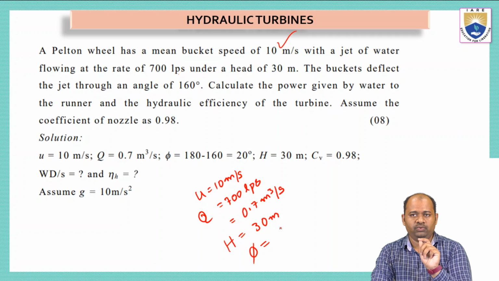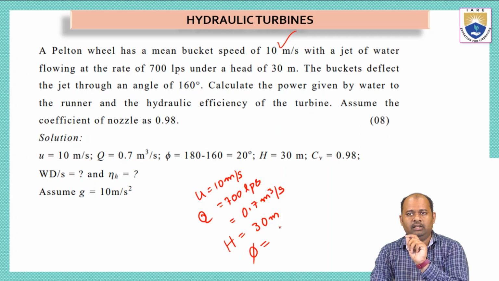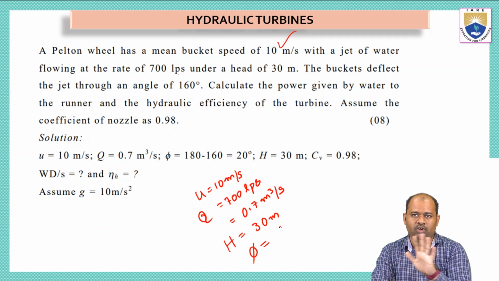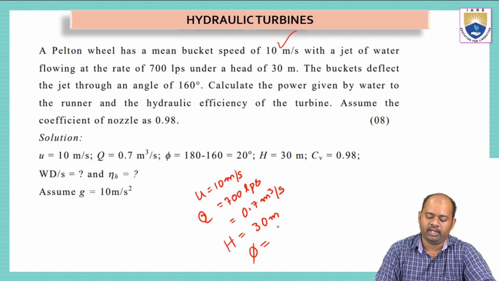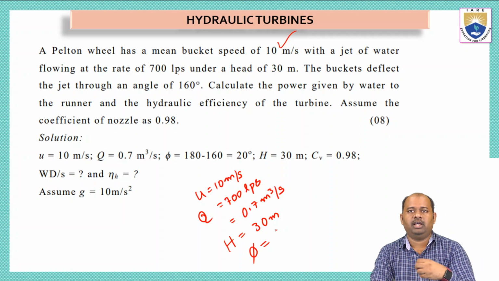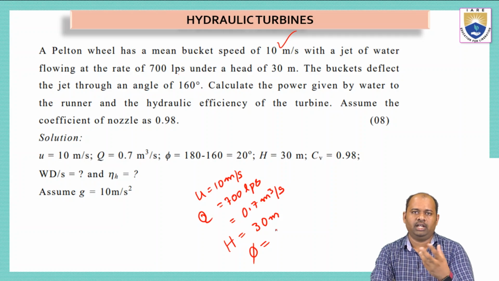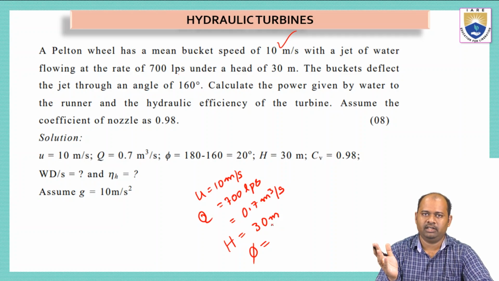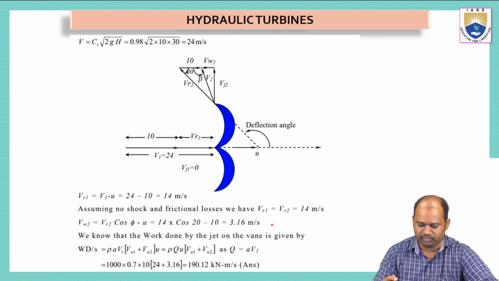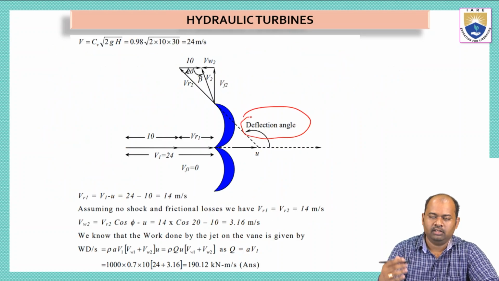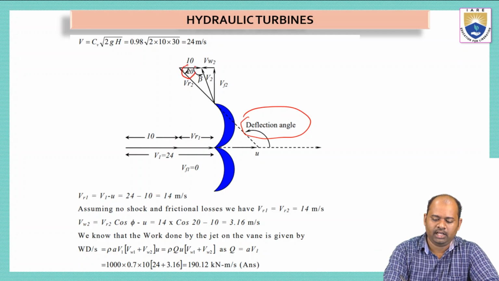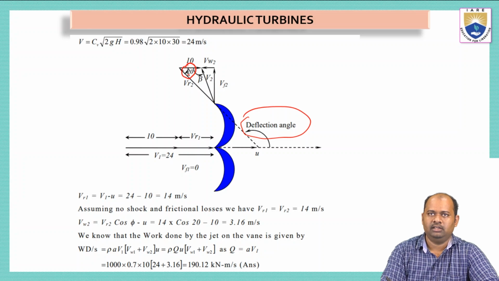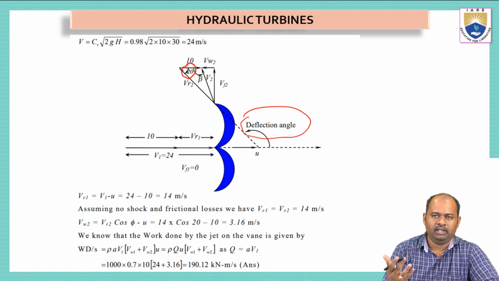Generally, the phi value stays between 0 and 40, it is not more than 40. So whenever the value is given like 160 or something more than 100, we have to subtract this value from 180 degrees, because it is given on the other side of the turbine. In this diagram, if this is the deflection angle, it will be more than 100. But the actual phi value will be calculated in this small triangle, so it will be less than 90.